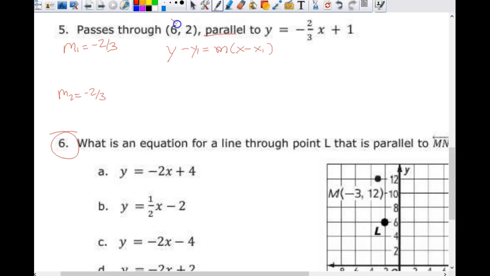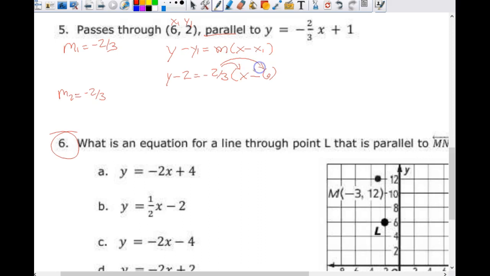Plug it in. This is your x1. This is your y1. y minus 2 is equal to m times x minus 6. We've got to distribute. Distribute here.